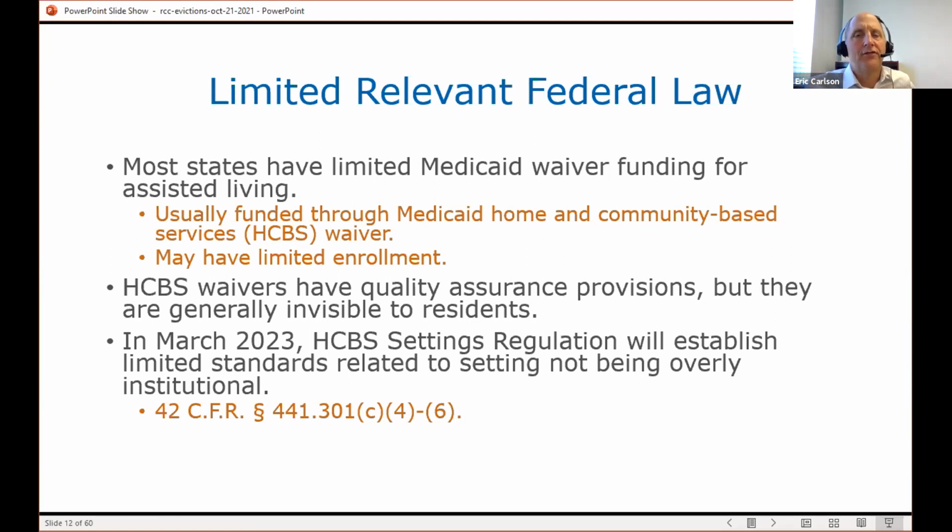For better, for worse, there's not a lot of quality of care standards that go along with that. There generally are some quality measures, but in my experience, they're not particularly transparent to persons outside of state and federal government and not particularly useful. By and large, the federal government gives the HCBS money. I'm exaggerating a bit here to make a point, but I don't think it's a huge exaggeration.